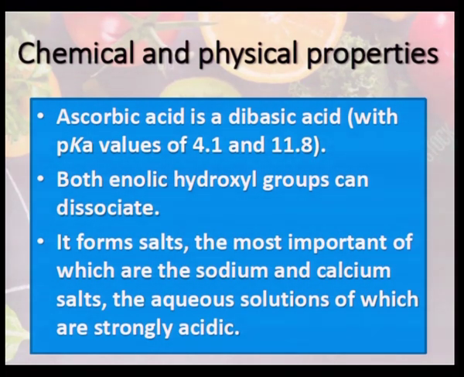The enolic hydroxyl groups are capable of dissociation. So, you look at the enol and keto forms, and this is a common feature for all carbonyl compounds. The enolic form will have the hydroxy group and the keto form would have discharged the hydroxy proton.